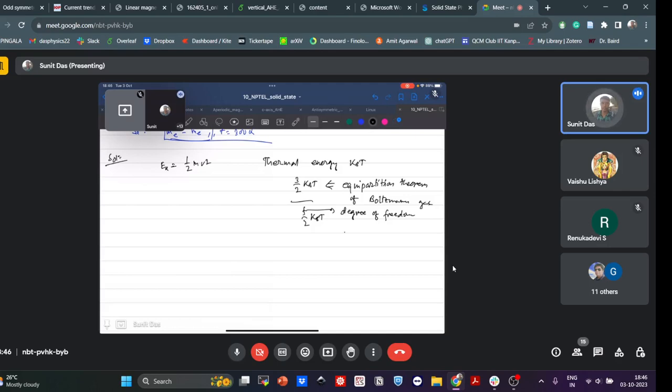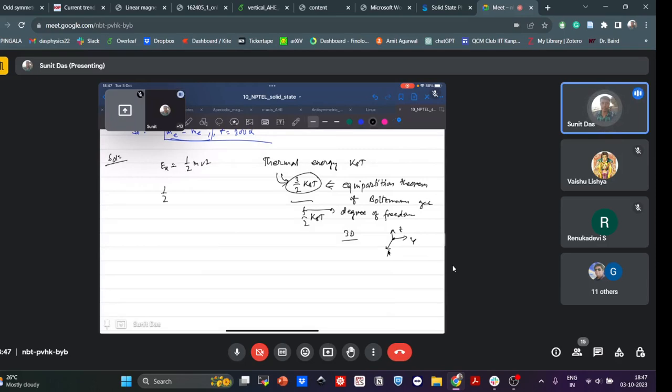So for a three-dimensional electron gas, there are 3 degrees of freedom. We don't consider spin; for free particles, it is x, y, z that define the degrees of freedom. So these 3 degrees of freedom contribute 3 by 2 kBT. This much is the thermal energy for a 3D free electron gas.